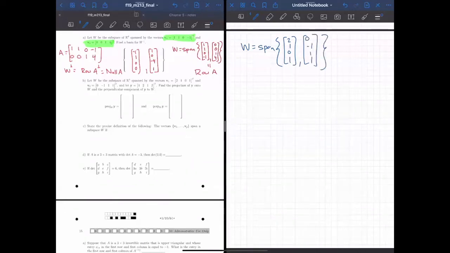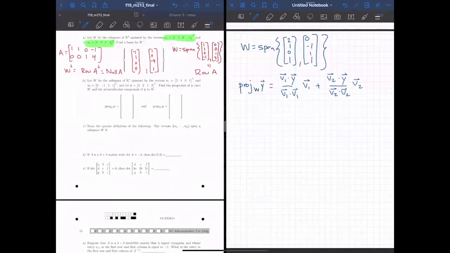And I want to find the projection of the vector y onto W. The formula for this is one we learned: v1 dot y over v1 dot v1 times v1, plus v2 dot y over v2 dot v2 times v2. This is a formula you have to have memorized.